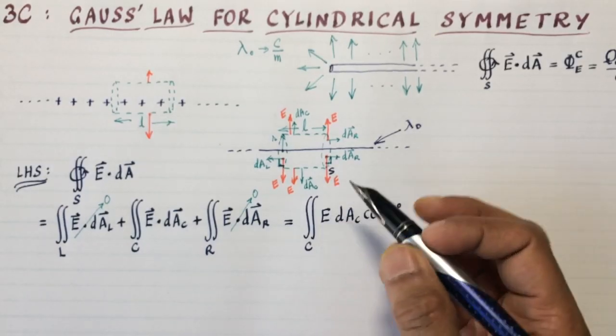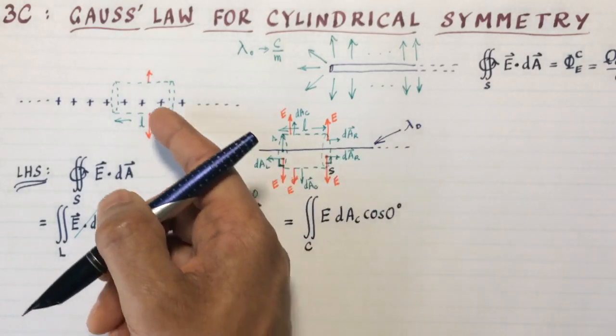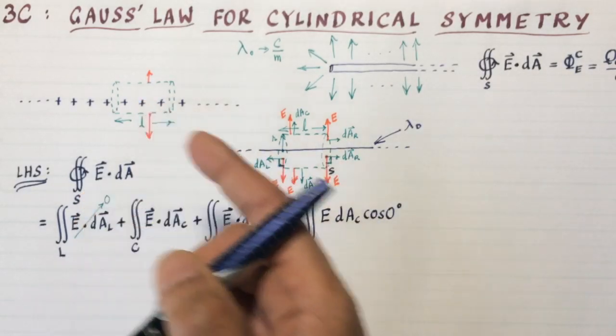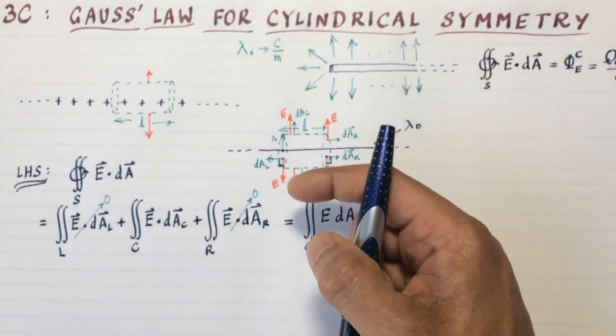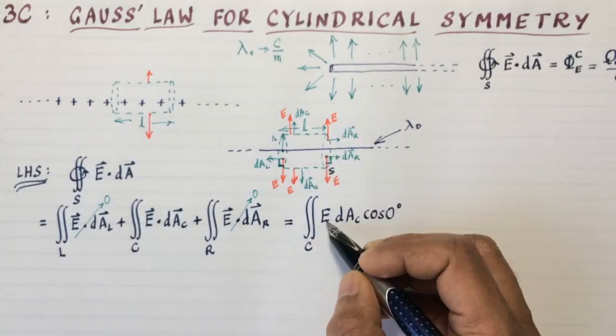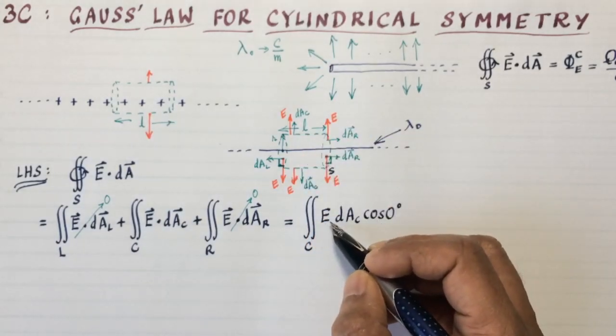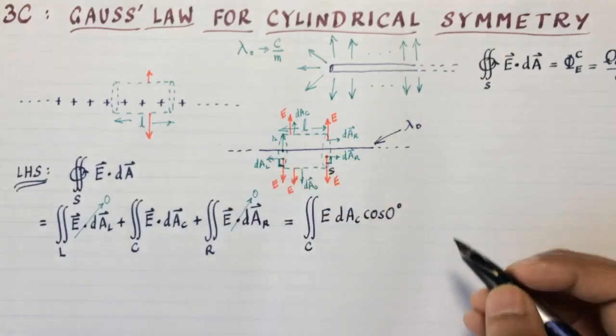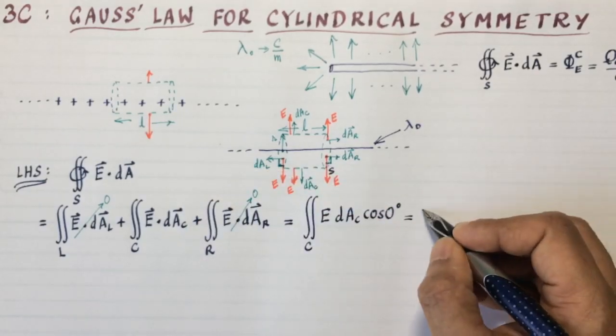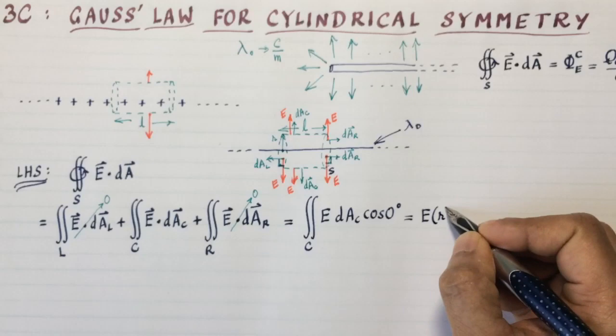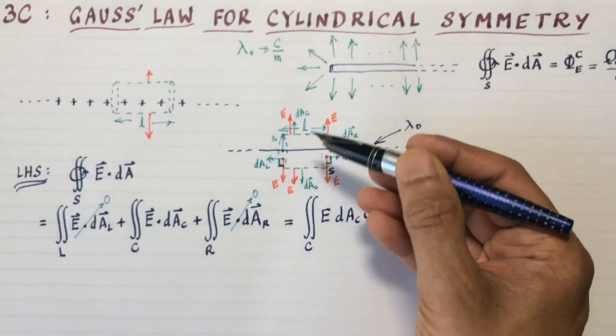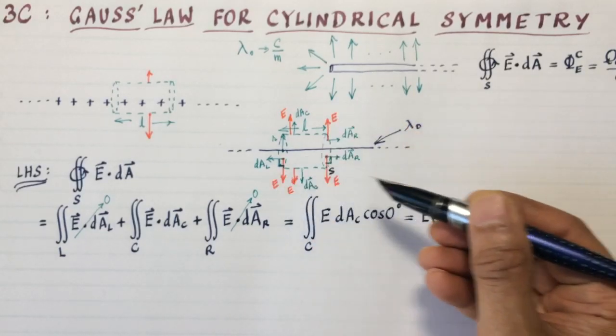Now you have a really nice situation. The electric field on the curved surface, because we did not take a wacko surface like that, but took a symmetric surface like this, the electric field on the curved surface is going to be the same in magnitude throughout. So I can take it outside the integral sign, writing E of r as I do so, to convey that it depends only on the variable r and not on the variable theta or the variable z.